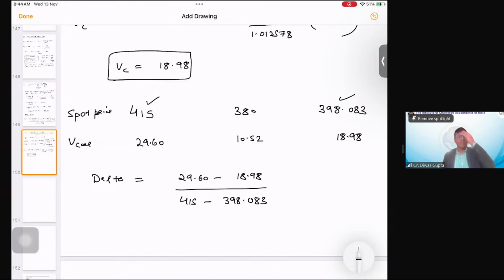So we take the change in the premium divided by the change in the spot price, and this gives us 0.6277. For every 1 rupee change in the spot price, the premium changes by 0.6277. This is called delta. Clear?